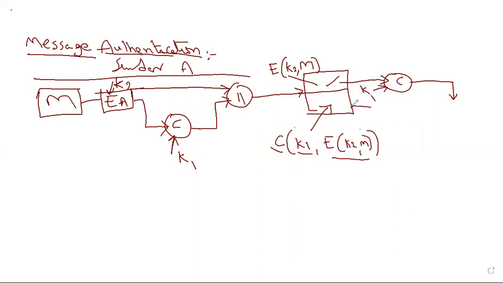This MAC code and the received MAC code are both compared, because the received MAC code is C of K1 comma E of K2 comma M. So E of K2 comma M is given as input to the MAC function, and this also becomes the same.